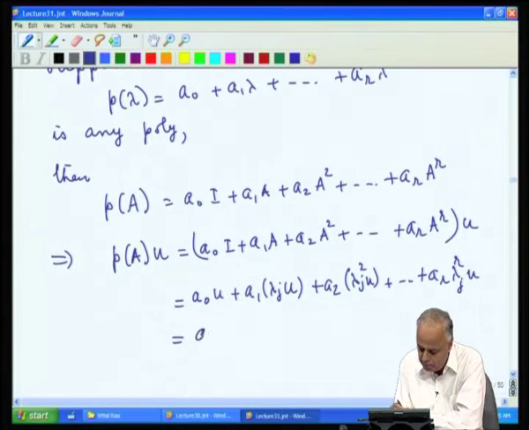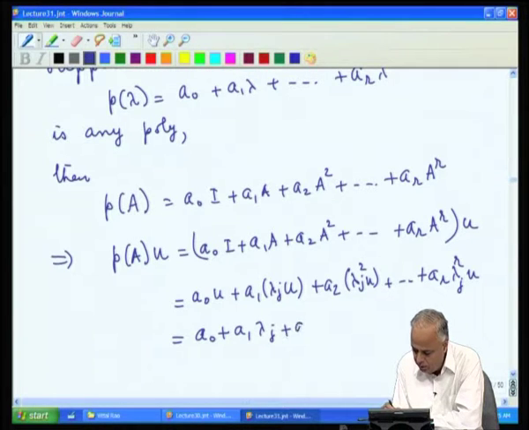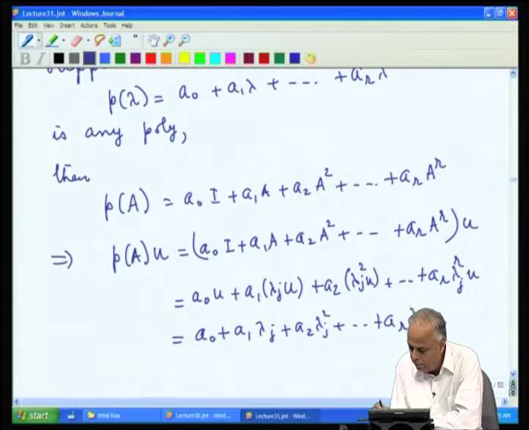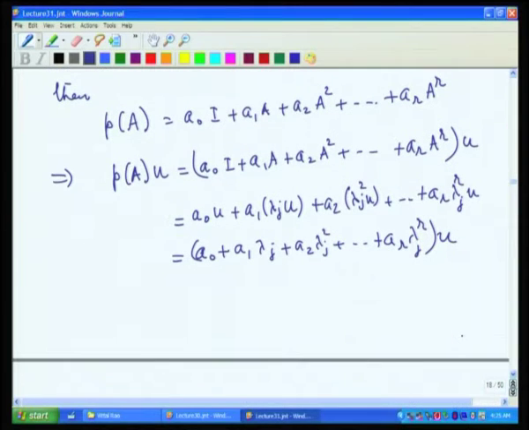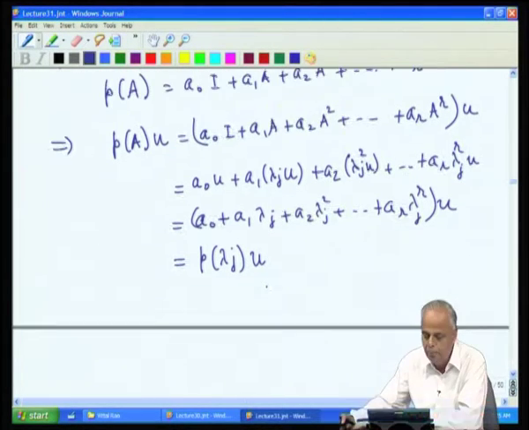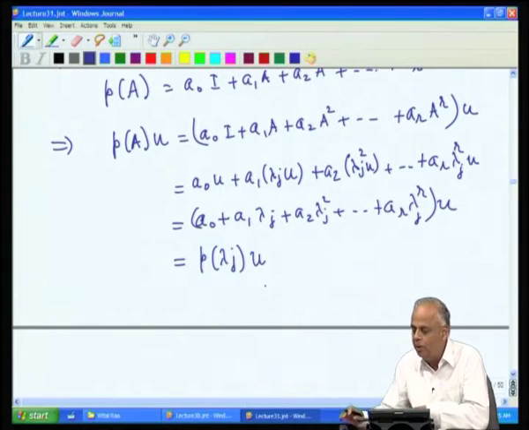We see that this can be written as (a₀ plus a₁λⱼ plus a₂λⱼ² plus ... plus a_r λⱼ^r) into u, and what is in the bracket is nothing but the polynomial p evaluated at the point λⱼ, times u. So, P(A)u is P(λⱼ)u.